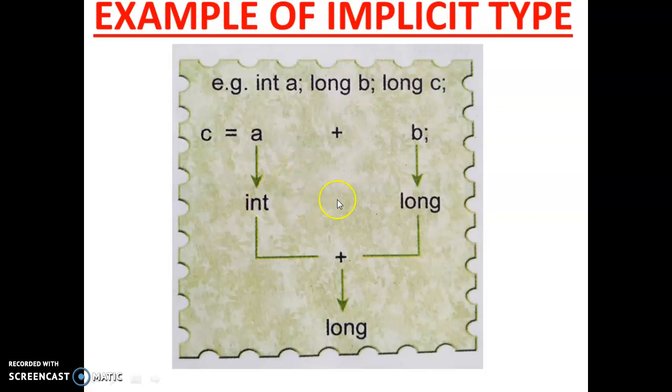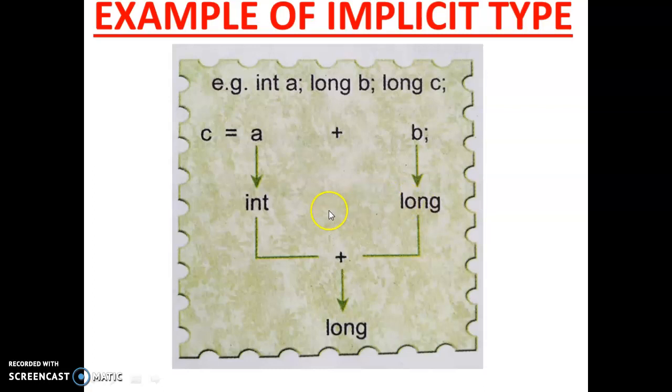Because when it adds two different types of values, the computer automatically converts it to the higher type of value. Which data types are higher and which are lower, I will discuss in another video.